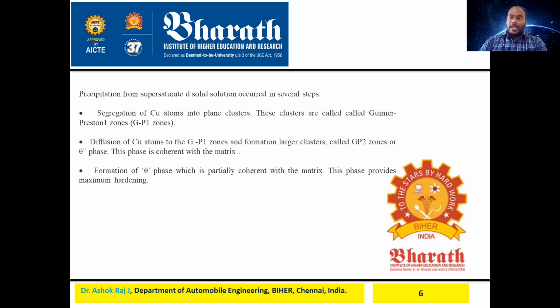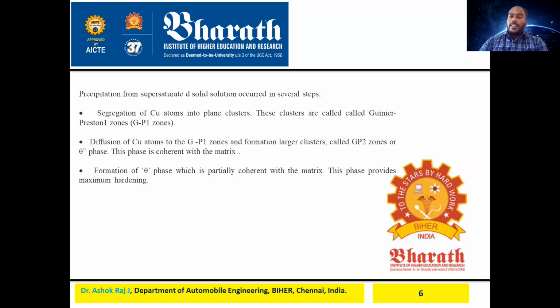When precipitation takes place, you are adding an element more than the solubility level, so it is not acceptable, and precipitation takes place. So there is segregation of copper atoms into plane clusters.